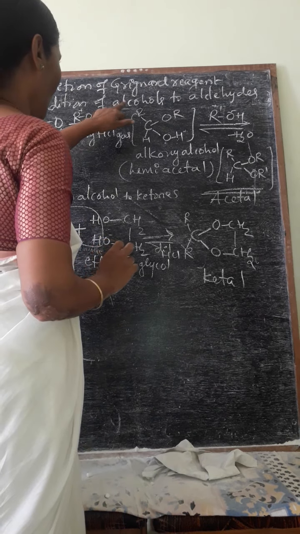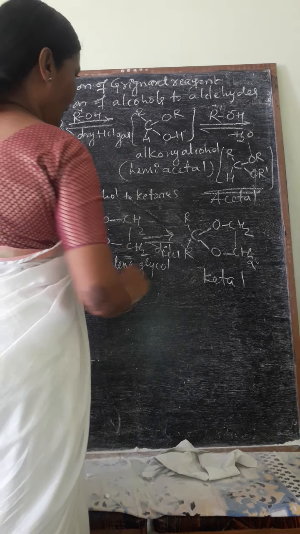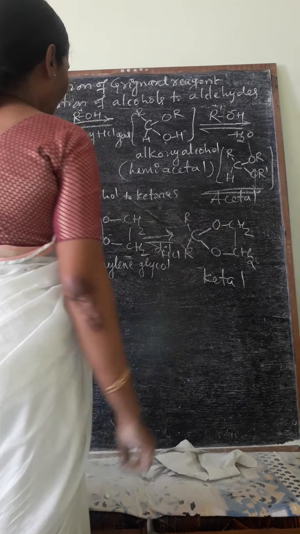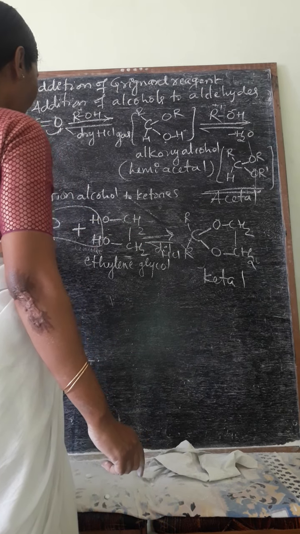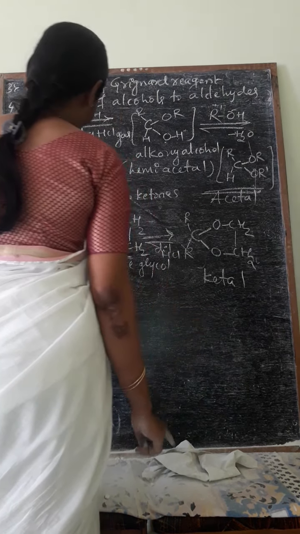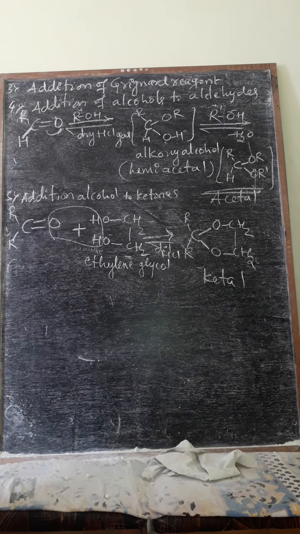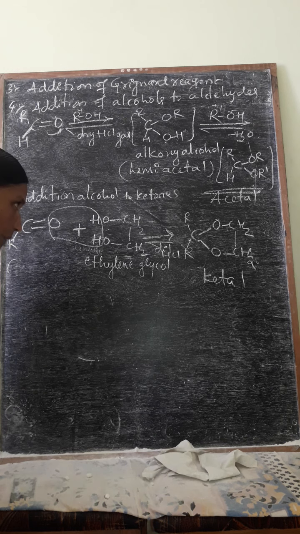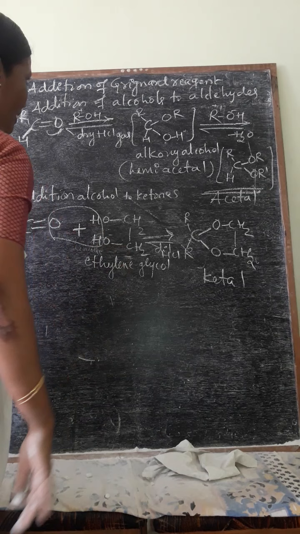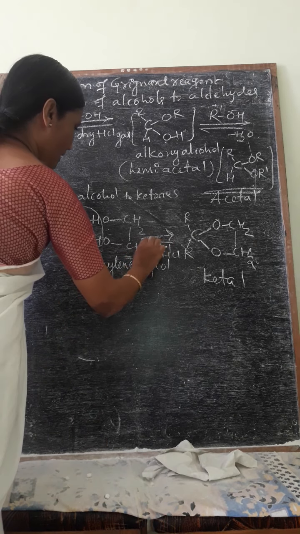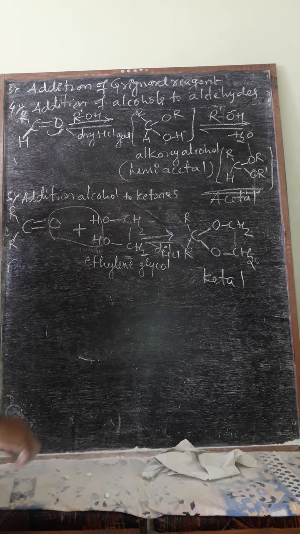When monohydric alcohols are added to aldehyde, the product is acetal. When dihydric alcohols are added to ketones, the products are said to be ketals. Okay. Suppose we use mineral acids again, we get the respective aldehydes and ketones in both cases. Hence the reactions are represented as reversible.